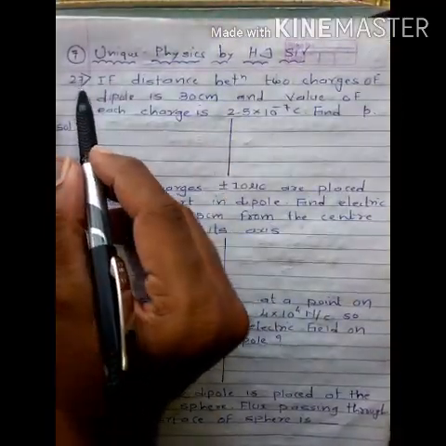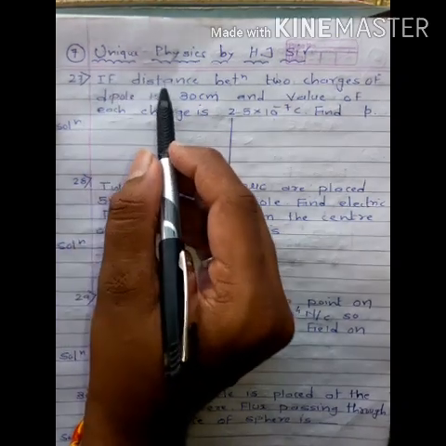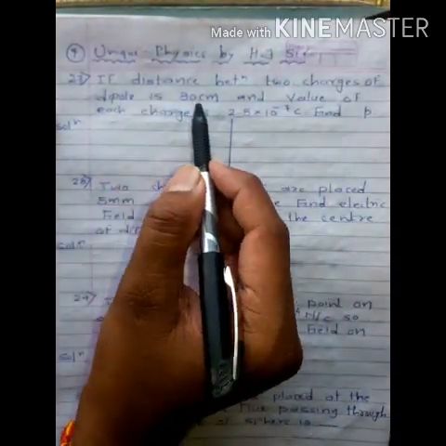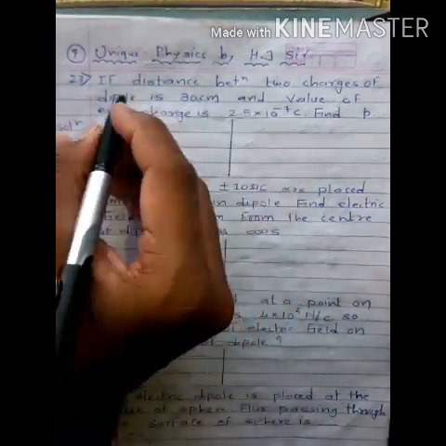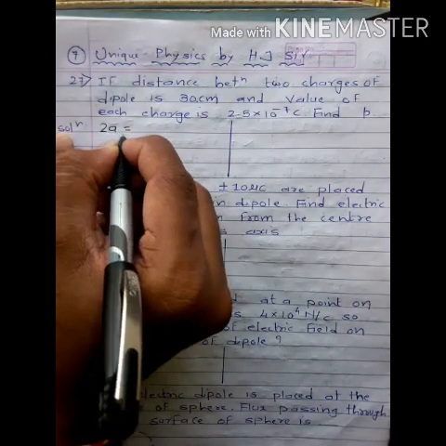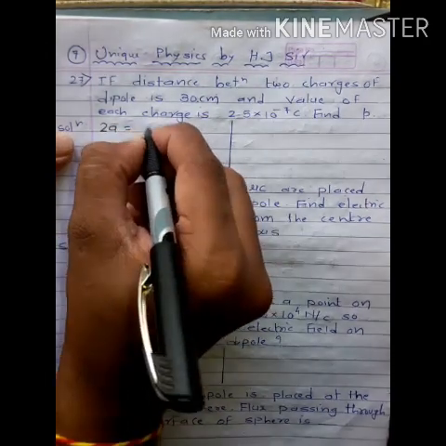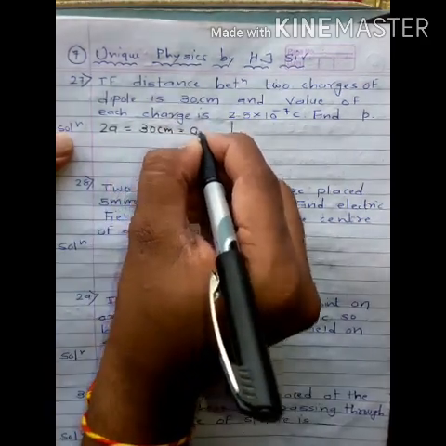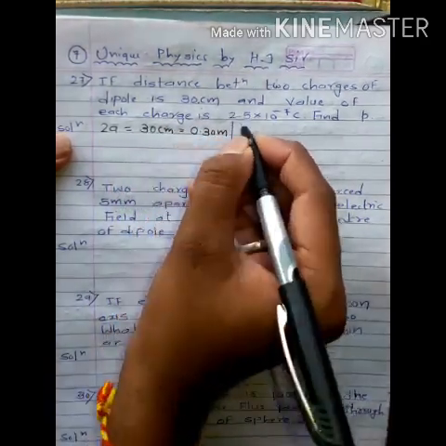Next MCQ 27. If the distance between two charges of a dipole is 30 cm, the distance between the two charges in a dipole is given by 2a. Convert 30 cm into meter. So our answer is 0.30 meter.